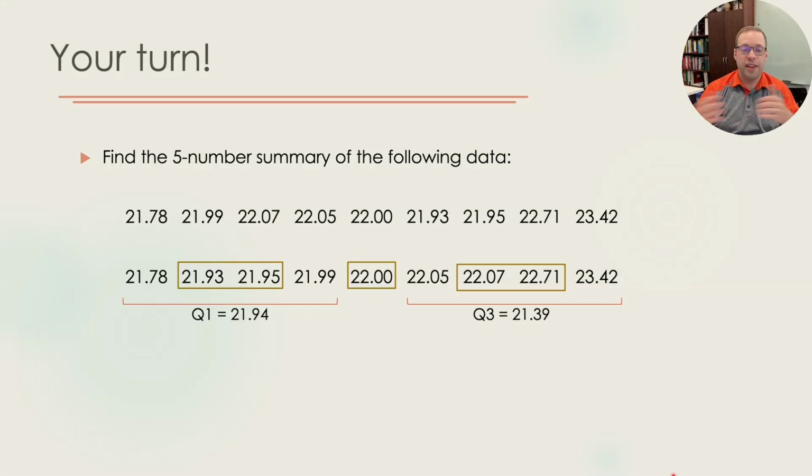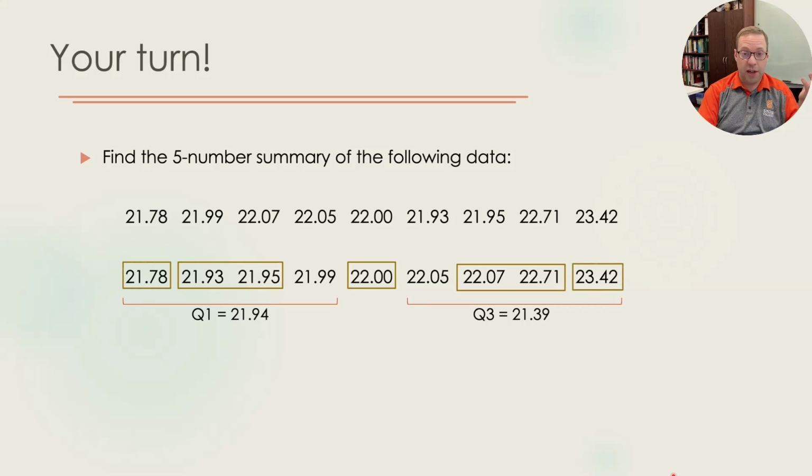So the first quartile is 21.94. In the second half, the third quartile is going to be the average of 22.07 and 22.71, which means that my third quartile is going to be 21.39.